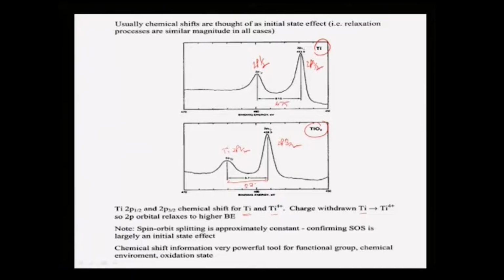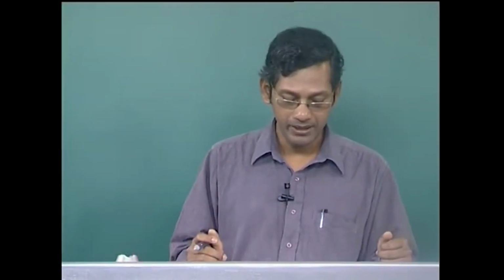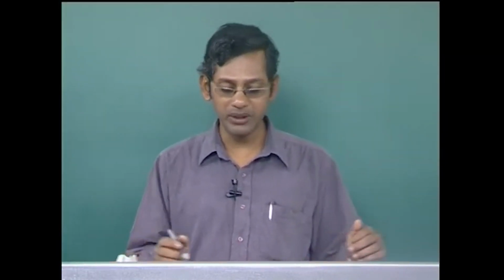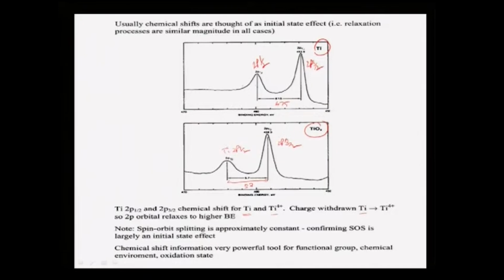So that means the spin orbit splitting of these two p levels, 2p 1/2 and 2p 3/2, has reduced. So XPS conveys chemical information, a very powerful tool for functional groups and oxidation states.